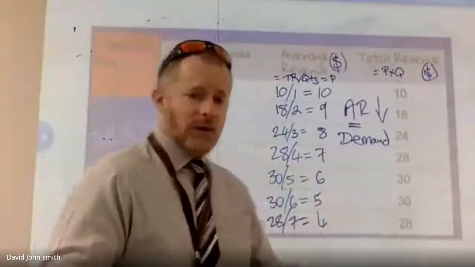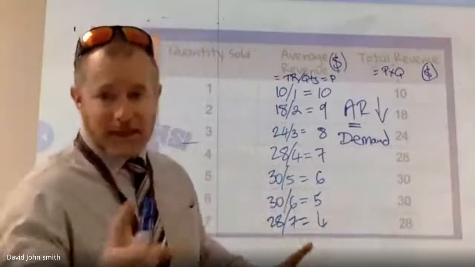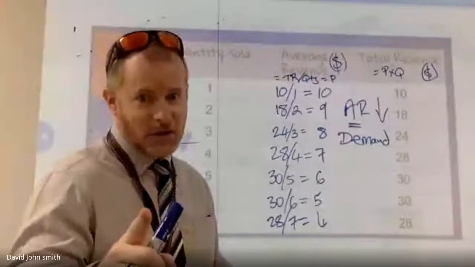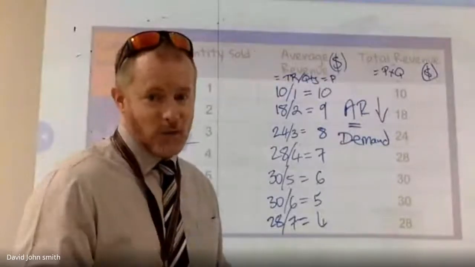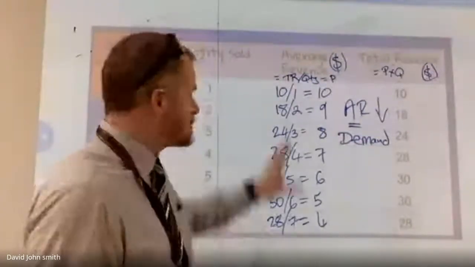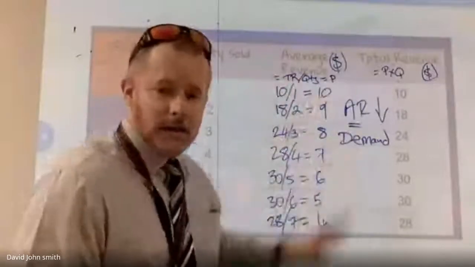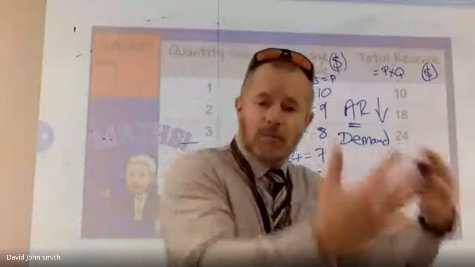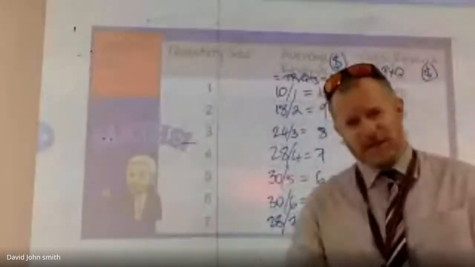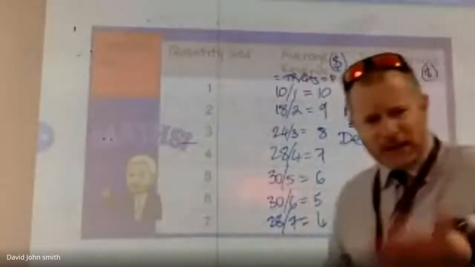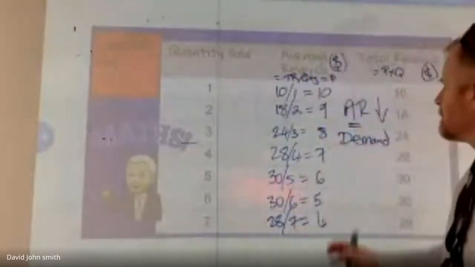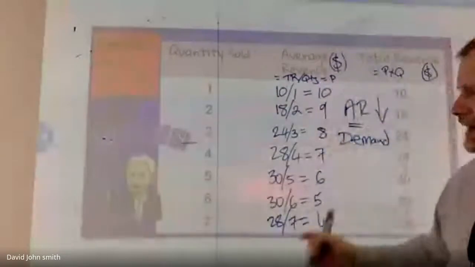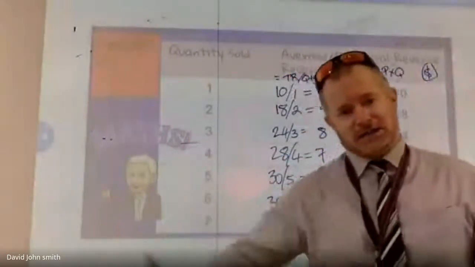When you get to IB economics, less than 2 years' time, a year and a half away, this idea you will expand on. You will model and you will explain it in a little bit more detail. But you'll be fine by then. So your average revenue is going to equal your demand. And as we see here, this is looking remarkably like a demand schedule.